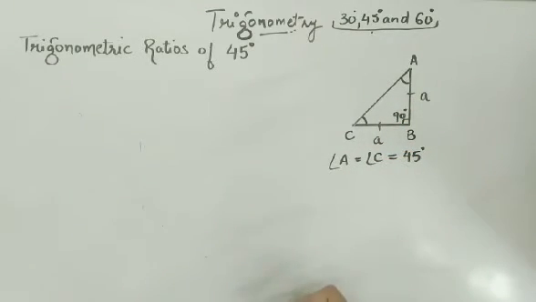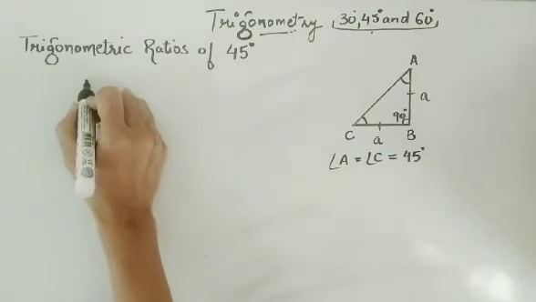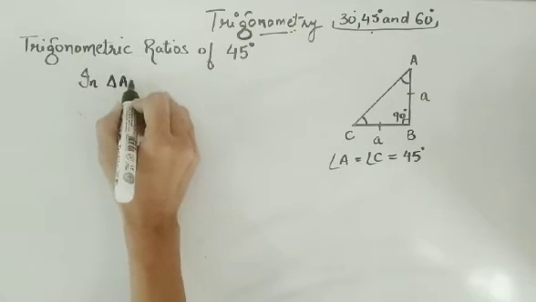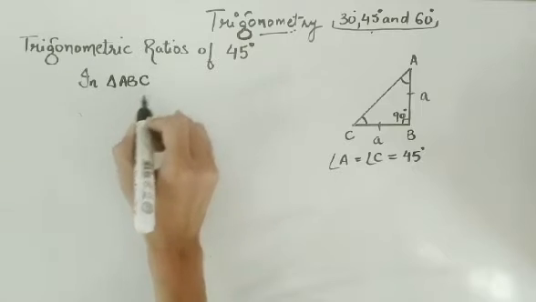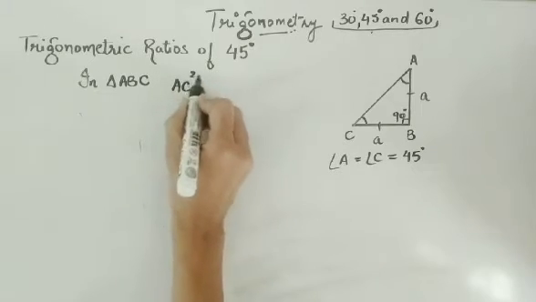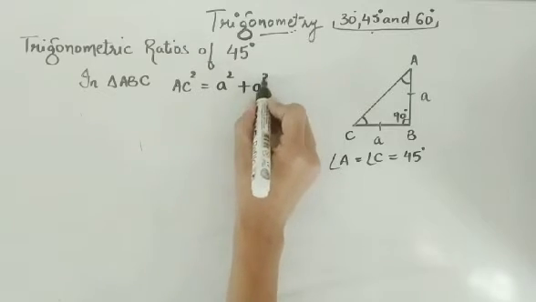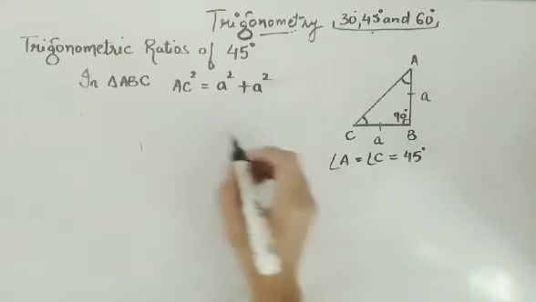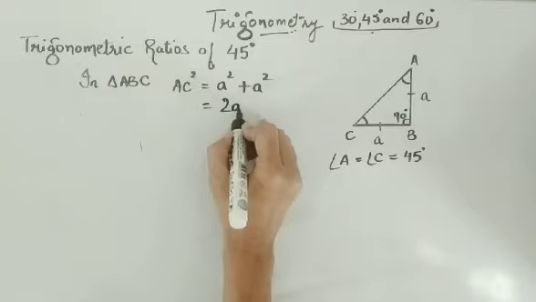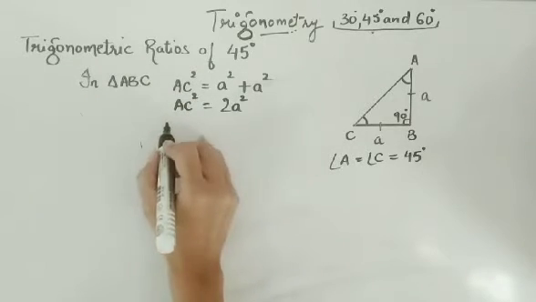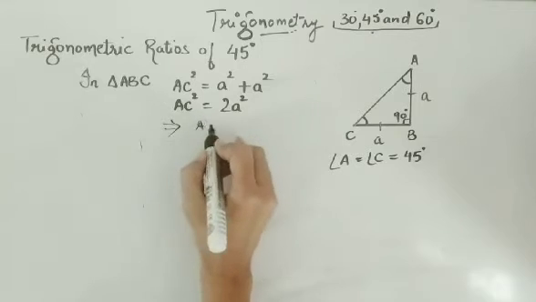First of all, let's look for the measurement of this side AC. For that we would apply Pythagoras theorem. In triangle ABC, AC square would be A square plus A square. I've written the square of the other two sides, which makes it twice of A square. So if AC square is twice of A square, what would be AC?